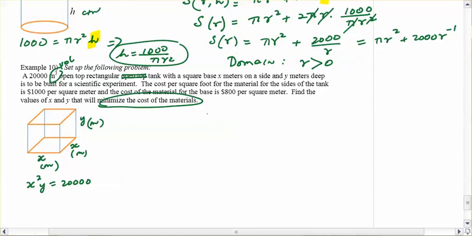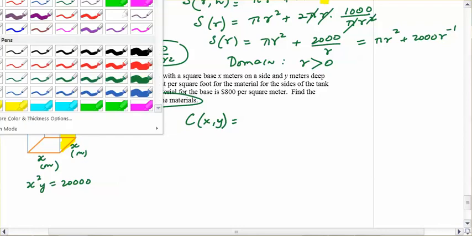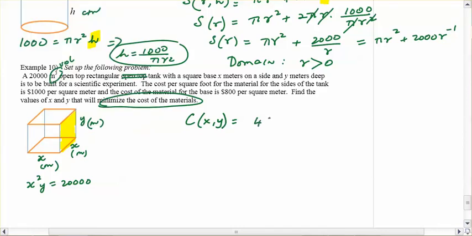So I need to minimize the cost function. C in terms of x and y is going to be equal to what? Okay, the sides of the tank. So let's look at one of the sides of the tank. Each side has got an area of xy square meters. There are 4 equal sides. So I've got 4 xy's. That's the number of square meters for the sides.